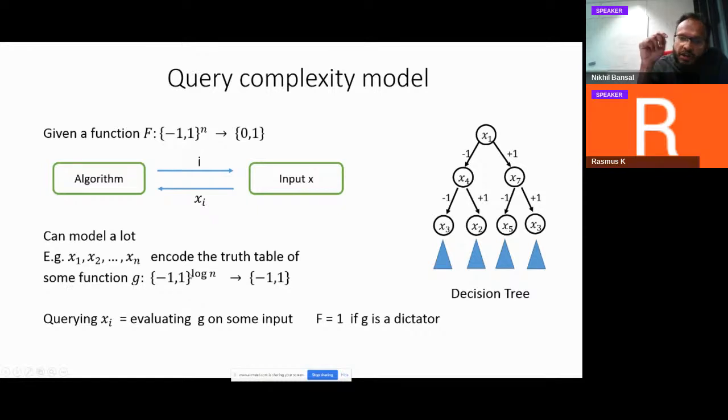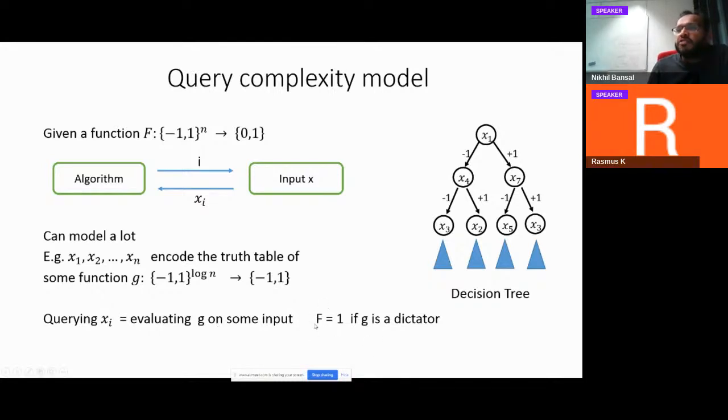A function on log n bits is completely specified by 2 to the log n values, so n values. So you can think of x1 encoding what g is on a certain input, then x2 encoding what g is on another input, and querying a certain xi means you're asking for the evaluation of g on a certain input.